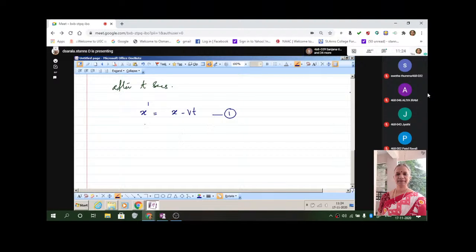Then, as we said, there is no change along y and z directions. Because there is no change, we will write y dash is equal to y and z dash is equal to z.